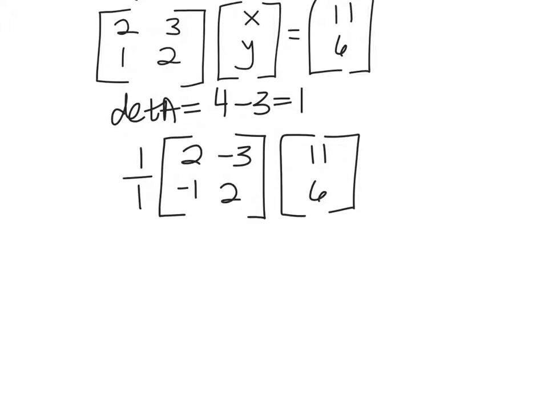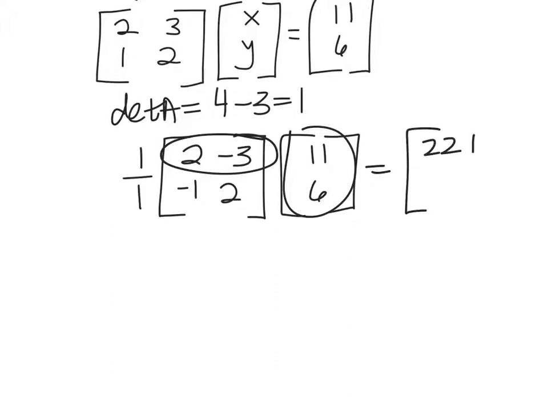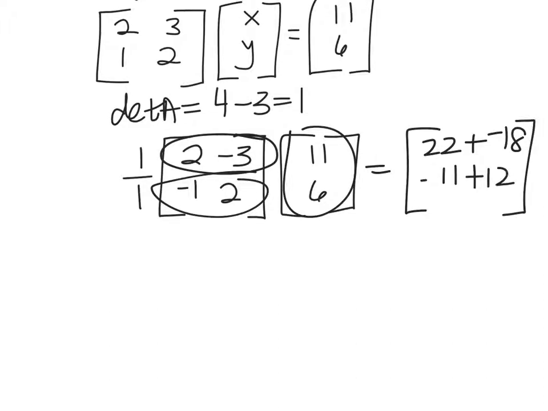So we're going to go across and down. 2 times 11 is 22, plus -3 times 6 is -18. And then across and down, -11 plus 12.